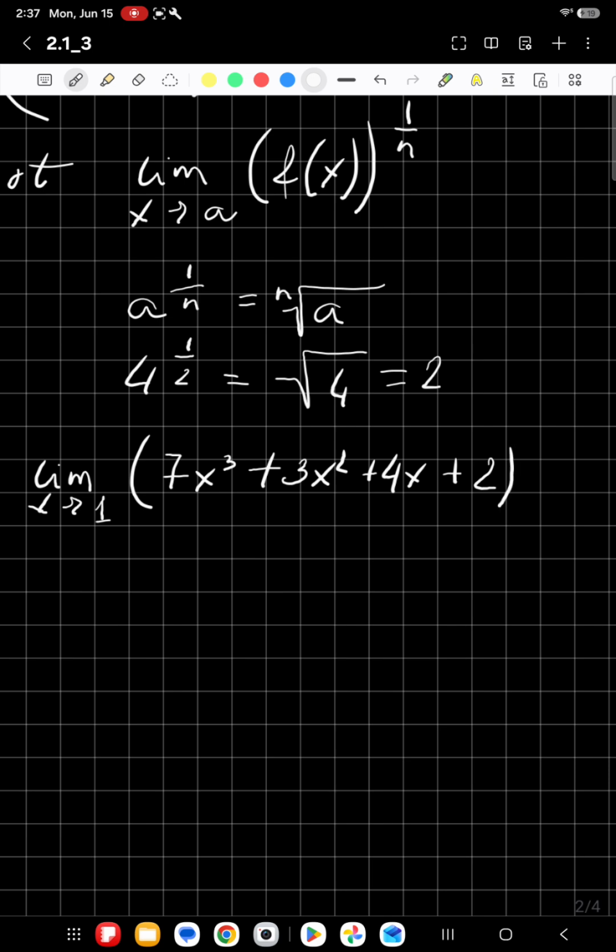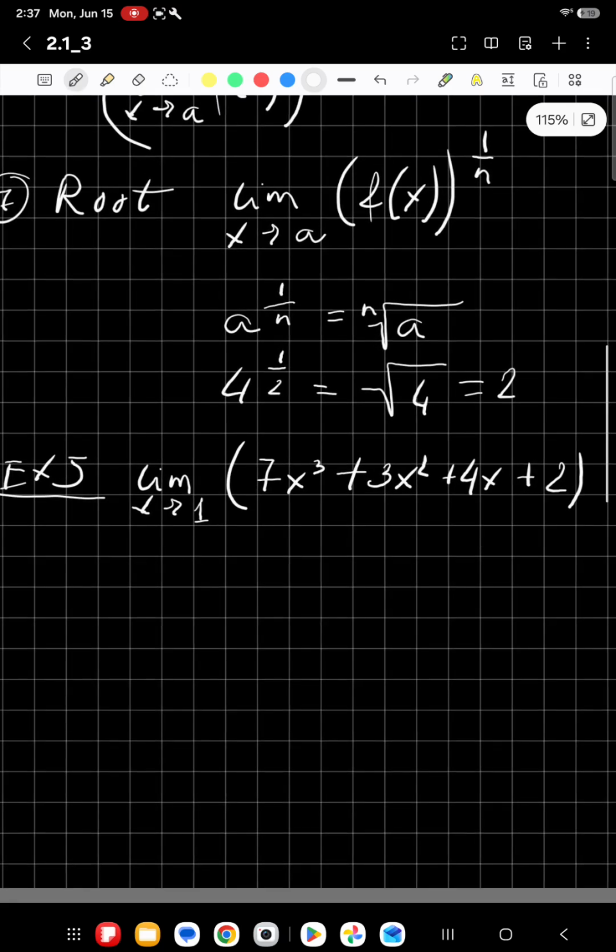Okay, so what I'll do first is split this polynomial, the limit of that polynomial, into a sum of those limits. I'll write it carefully, writing all the limits with what they approach.